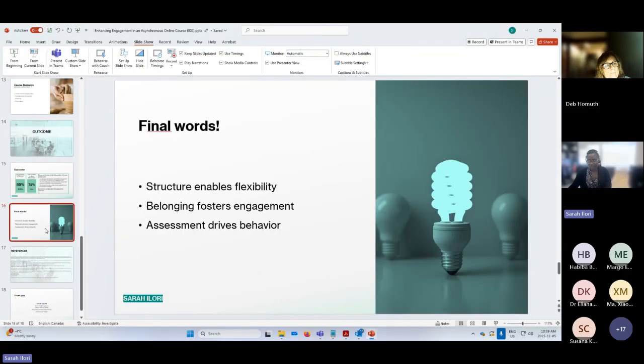So just wrapping up then, in terms of things we need to keep in mind when structuring this type of activity, we do need to have flexibility, but we also need to have structure. So it was important that while they had that flexibility to submit at any point during the semester, they had a little nudge on the rubric to encourage them to perhaps do things a little bit faster, right?